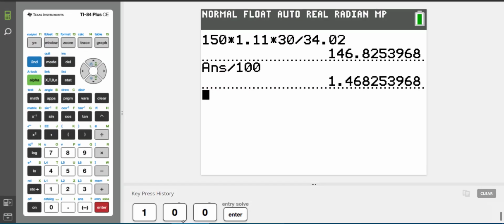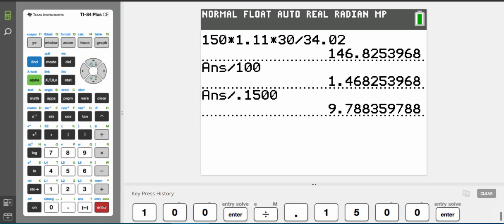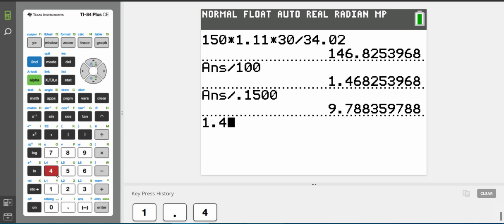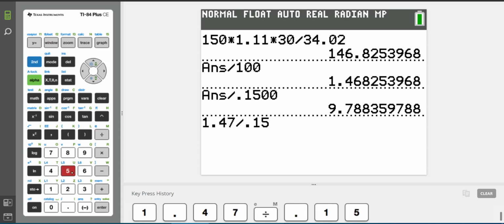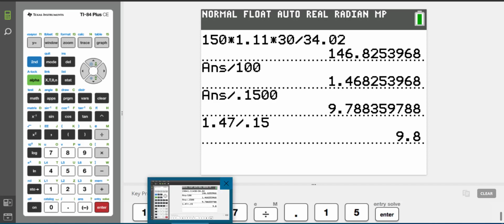I just take that number of moles and divide by 0.1500, and I get 9.79. Technically speaking, I should have done 1.47 divided by 0.15, and I get 9.8, which I could write as 9.80 because I have 3 sig figs. Does that make a huge difference? It's probably not going to make a huge difference.